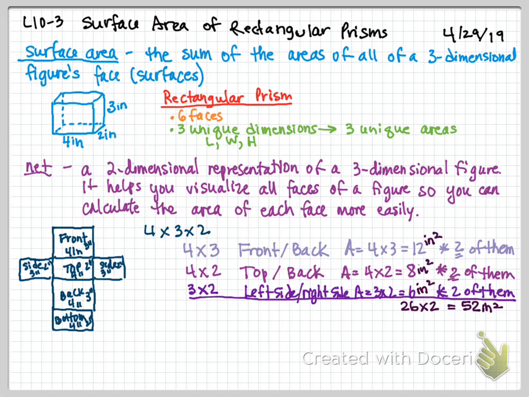The other way is to recognize we have a front and a back. The area is going to be 4 times 3, but I'm going to get 2 of them. In fact, I'm going to color that different so it stands out.